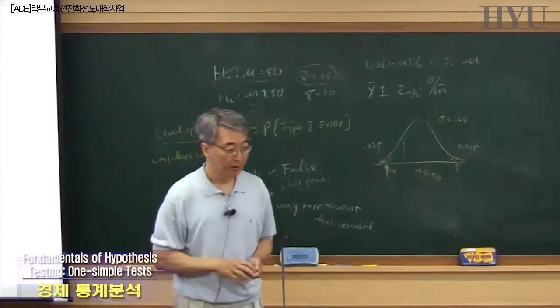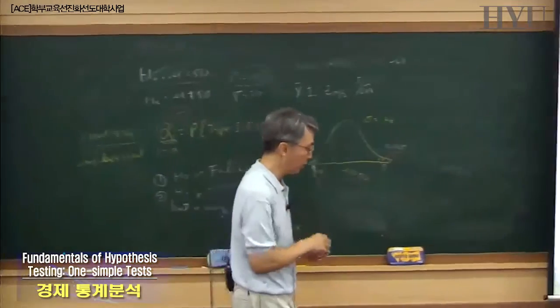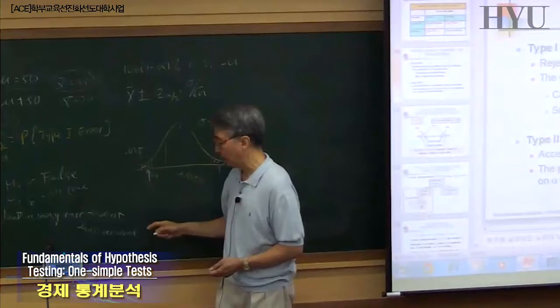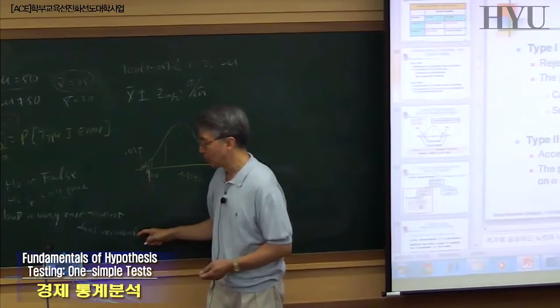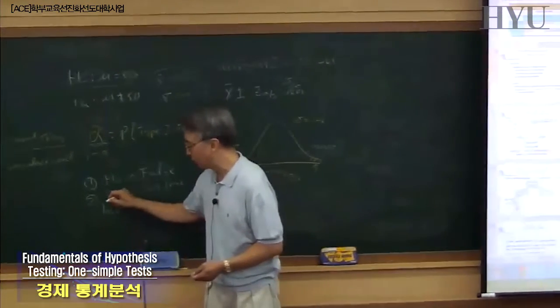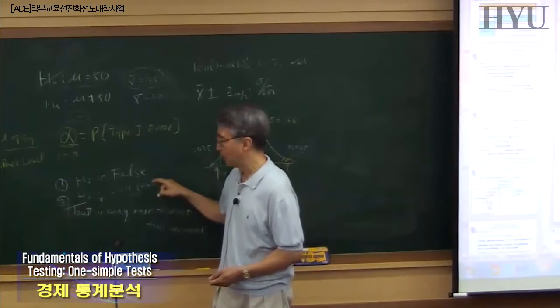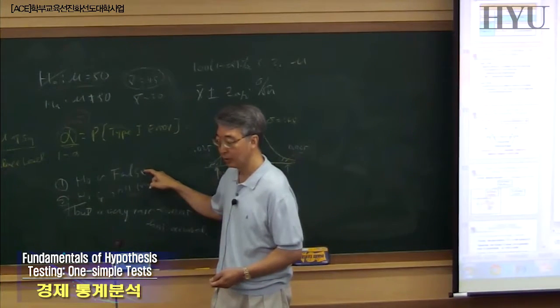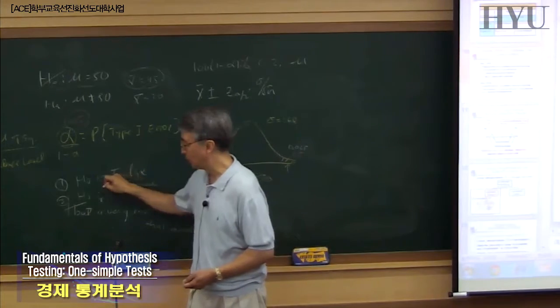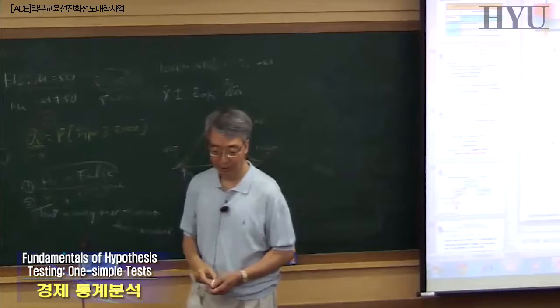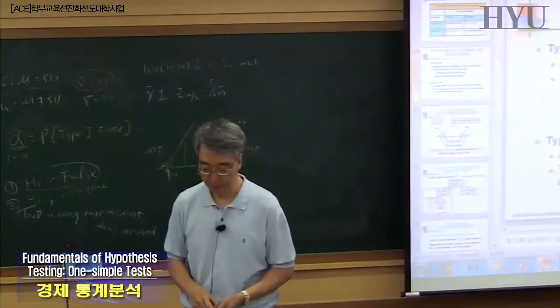So it is still possible. But the probability or chance for that event is very small. So we're going to ignore this possibility because it's highly unlikely. This is a lot more likely, so we're going to say the null hypothesis is false. That's the idea. Type 1 error.